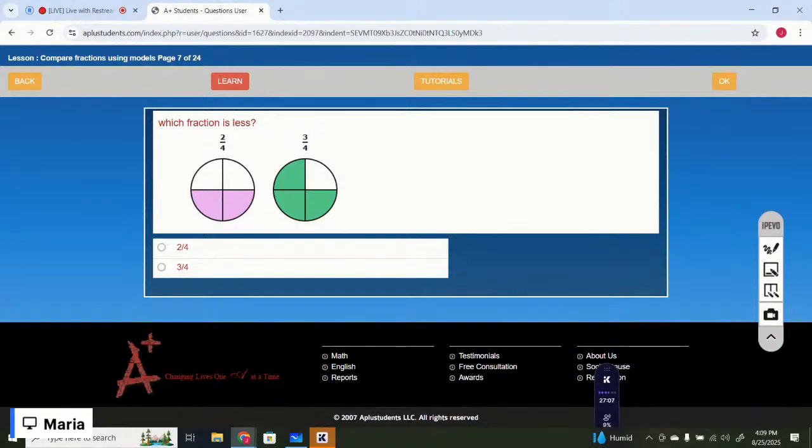Which fraction is less, 2 by 4 or 3 by 4? 2 by 4 is less than 3 by 4, so option number 1 is the correct option.